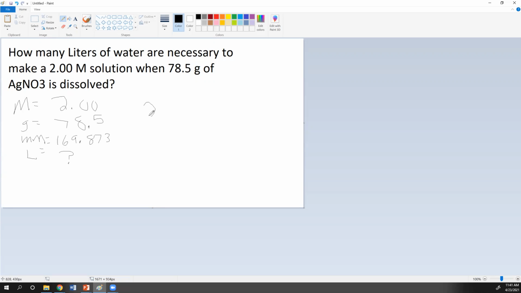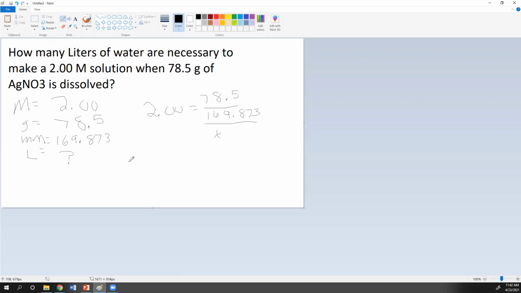So now this sets up as 2.00 equals 78.5 divided by 169.873 divided by X. This is where these start getting hard to solve. How would I solve this out? The easiest way to solve this in the calculator is just divide straight down. It doesn't matter what order you divide in. 78.5 divided by 169.873 divided by 2.00.